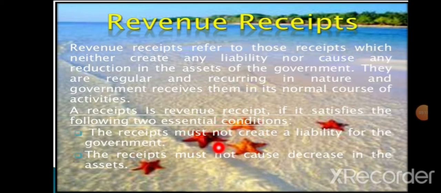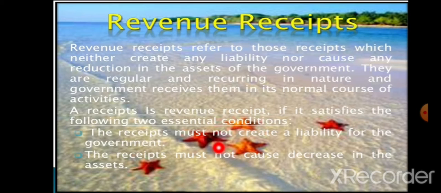After that, second point, these receipts do not cause any reduction in the assets of the government. For example, when the government sells its shares of public companies, it causes reduction in the assets of the government. Assets means properties. These are therefore not treated as revenue receipts.